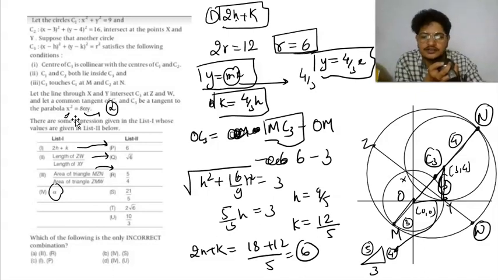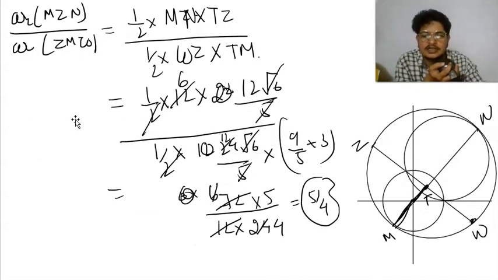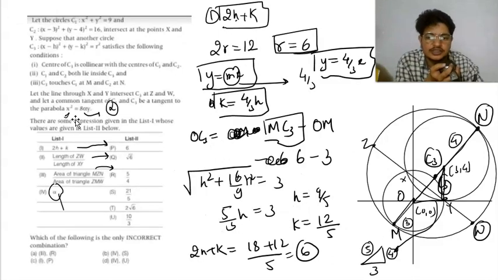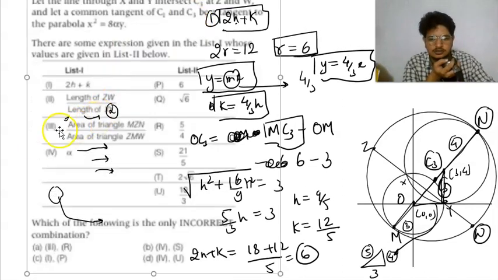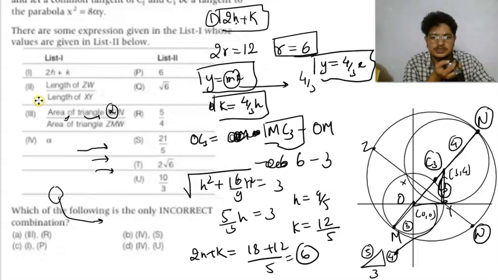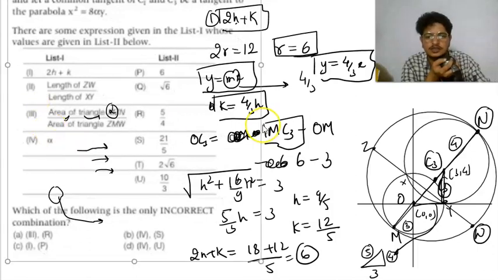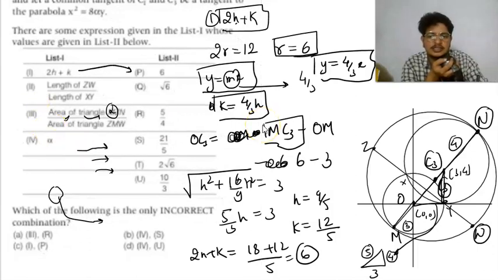We already found 5 by 4, and at last alpha is equal to 10 by 3. Let's enlarge this equation: 6, √6, 5 by 4, and alpha is 10 by 3.